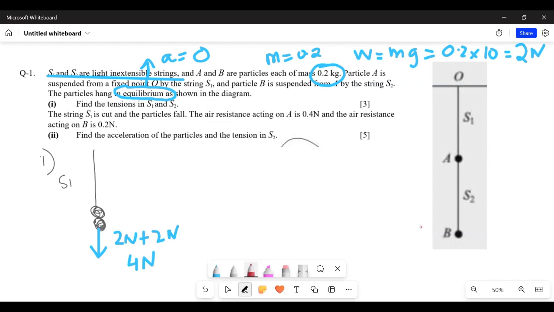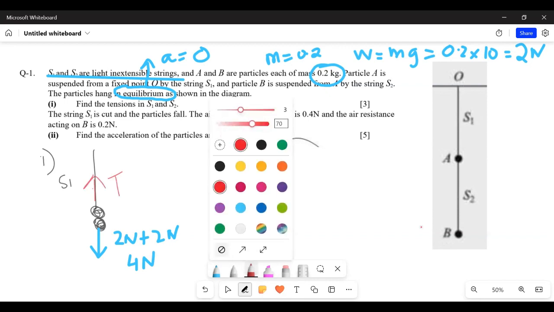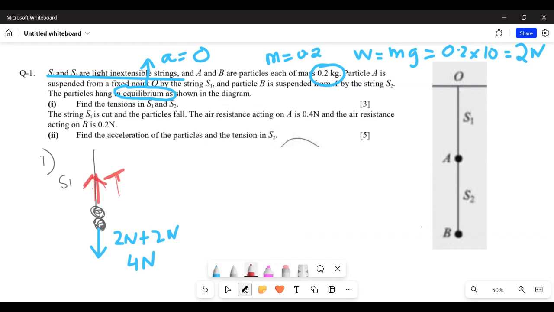The upward force would be the force of tension inside the string, which is what we have to find. So we're going to use the formula forward force minus backward force equals ma.